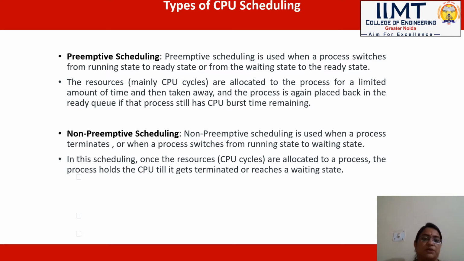In the case of preemptive scheduling, we can preempt and release resources from the running process and allocate them to the higher priority process. In the case of non-preemptive scheduling, a new process will execute after the execution of the running process.